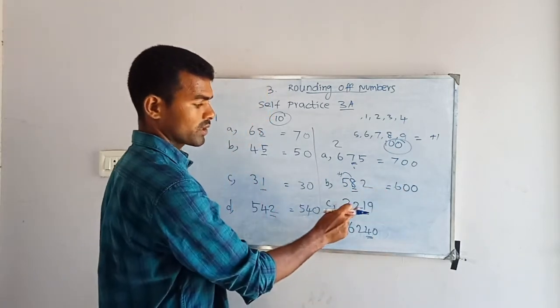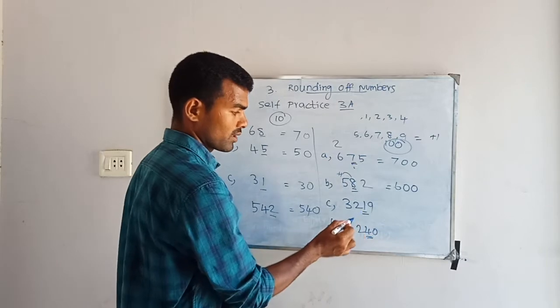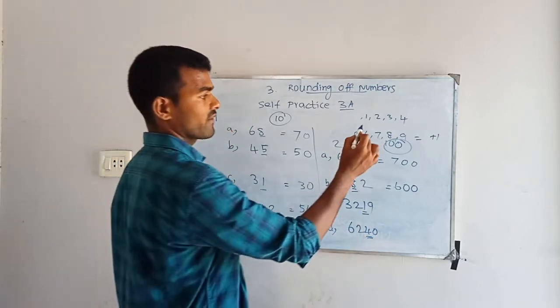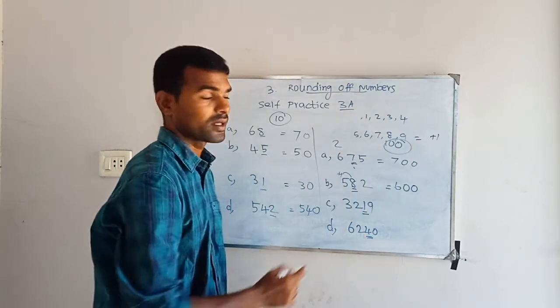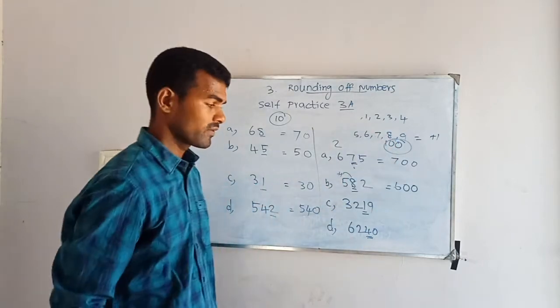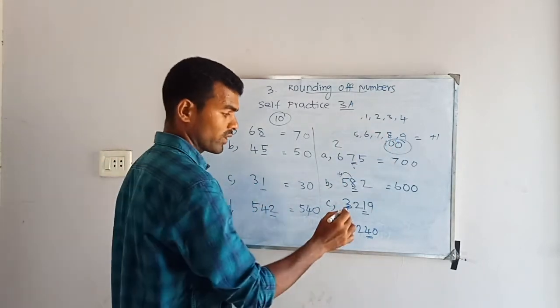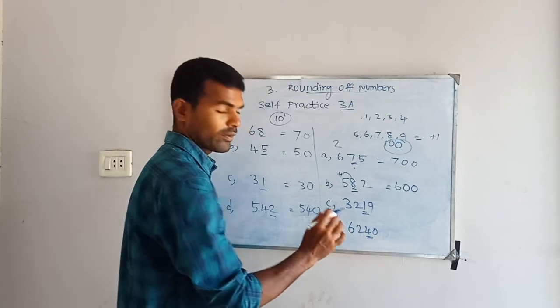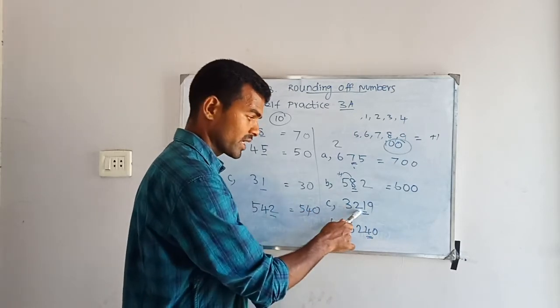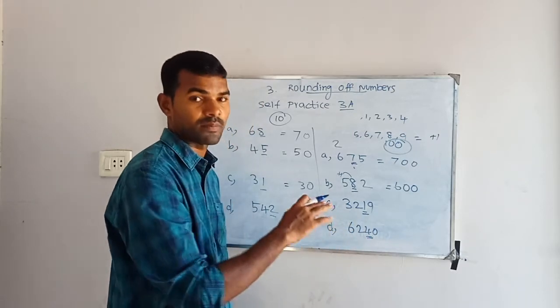See this one, 3219. If the given digit is less than 5, that is 1, 2, 3, 4, what will we do? We will not change the hundreds place. Just write the same number, no need to add plus 1.